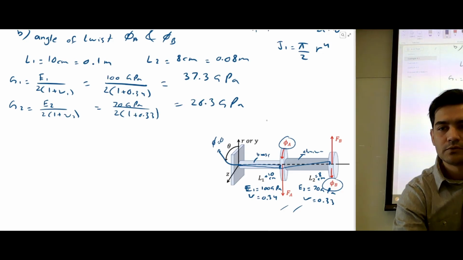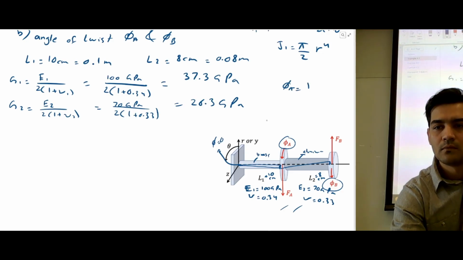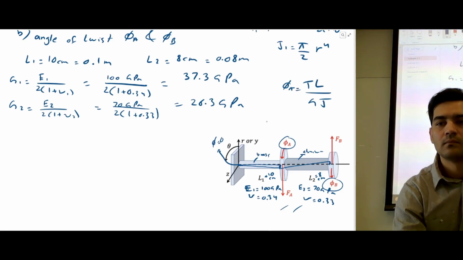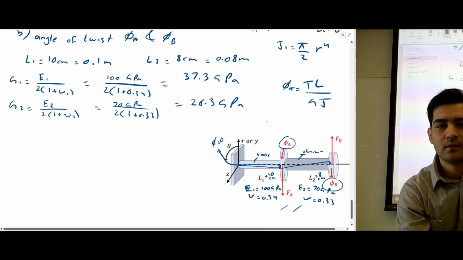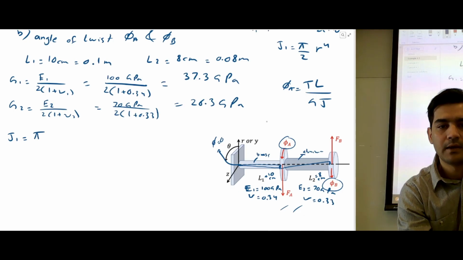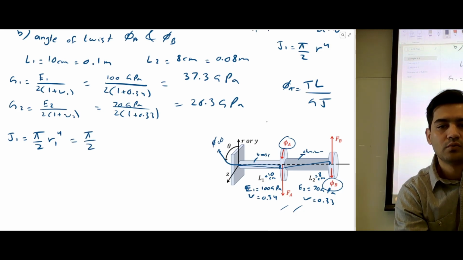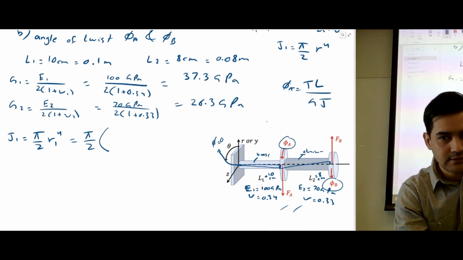We can also calculate J1, which is pi by 2 R to the power 4, and since it's J1, we should use R1. What is R1 in this case? It is D1 by 2.